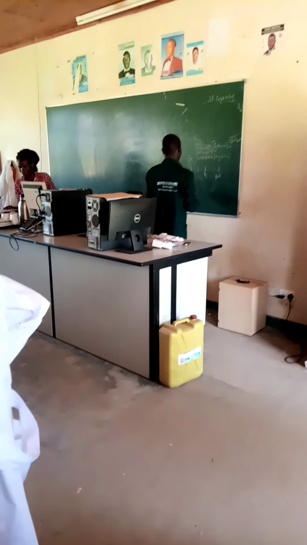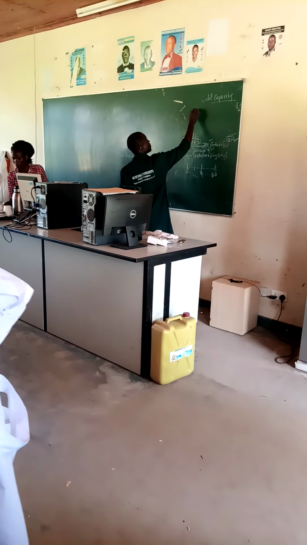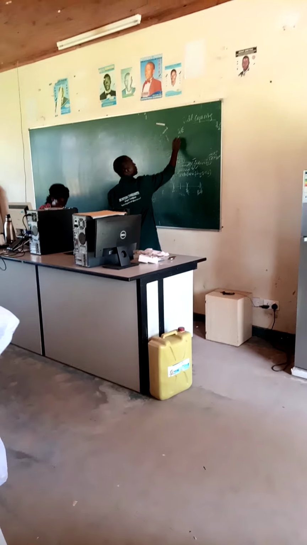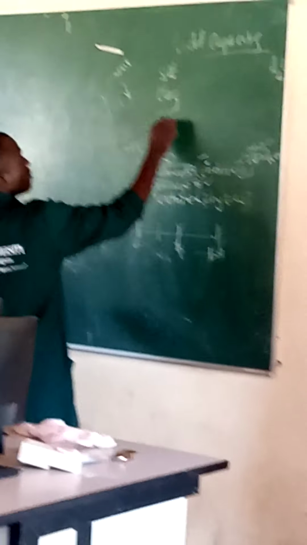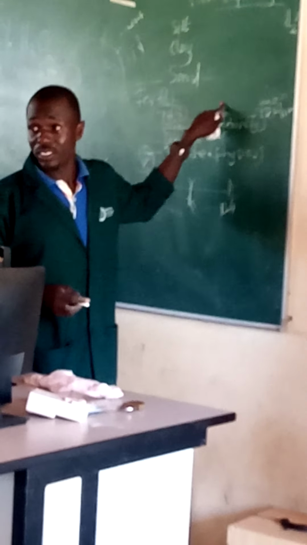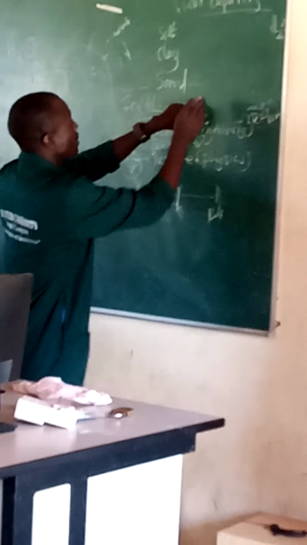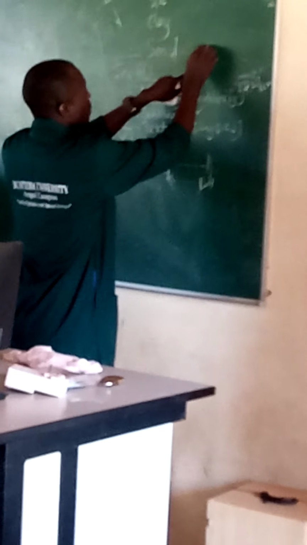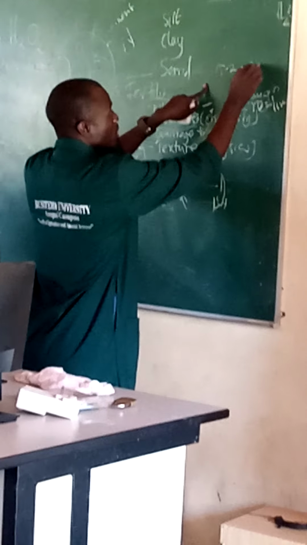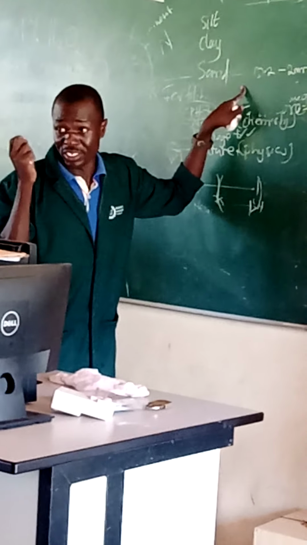I expected this one to take a little longer, but I found out that the other one has a larger grain size. It is said to be between 0.2 to 2 millimeters in diameter, the grains.